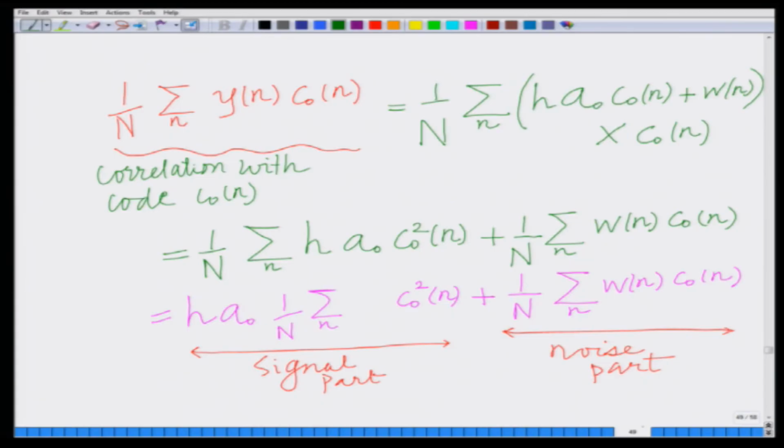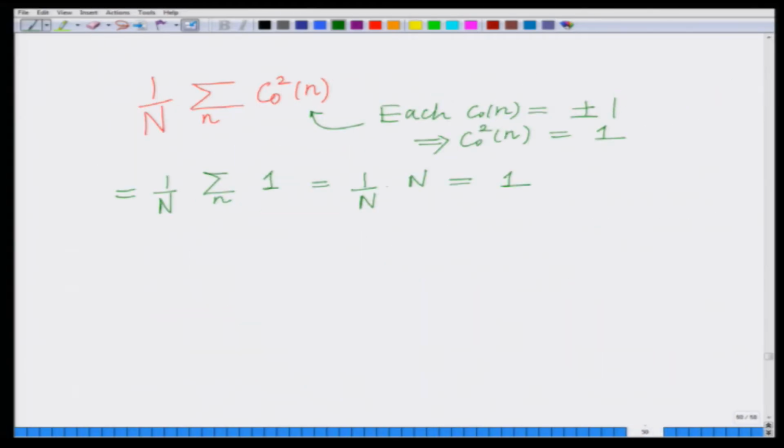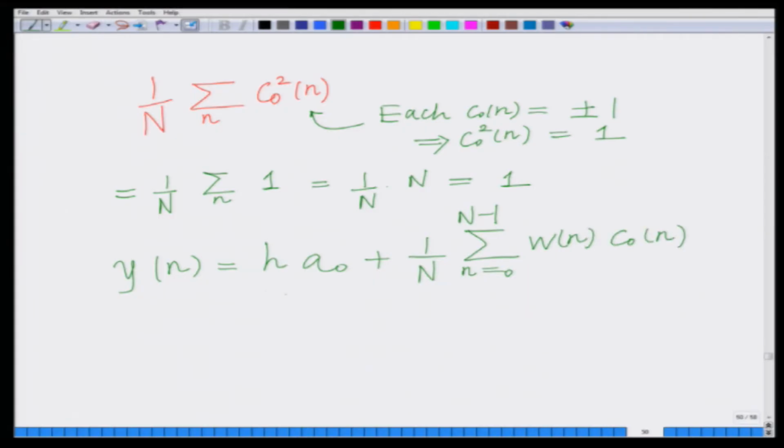And therefore, now we substitute this expression in the sum 1/N summation over n of c0 squared[n], and I get my y is equal to h times a0 plus 1/N summation n equal to 0 to N minus 1 of w[n] c0[n].